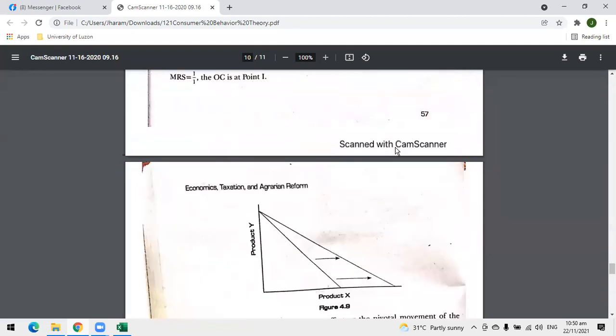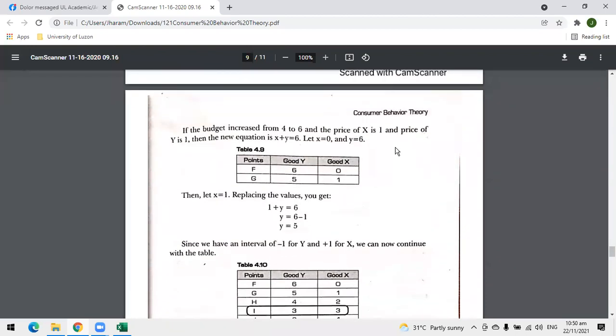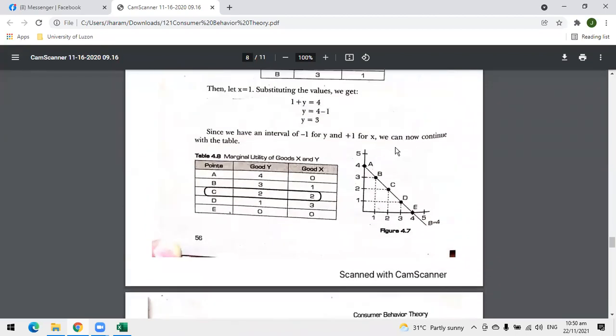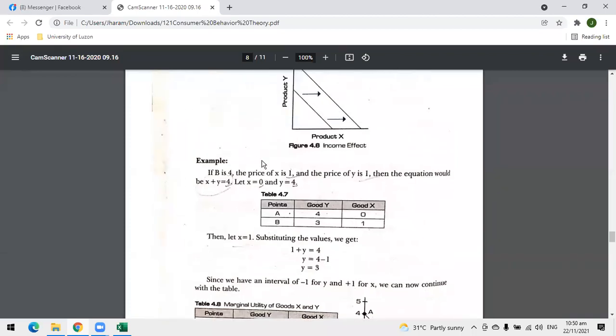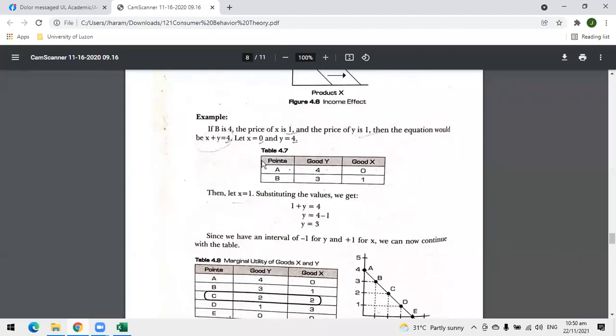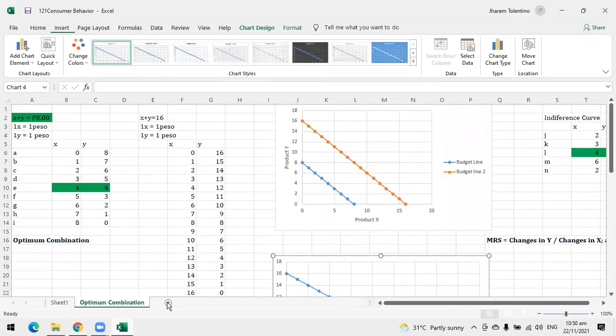Next. Sir, gawin nyo pero yung nandyan. Madali pa din. Kung gusto nyo gawin natin to, okay lang. So, we have B for the substitution. If B is equal to 4, or the budget is equal to 4 pesos, price of X is piso, and piso, gawa tayo. Okay, sample.